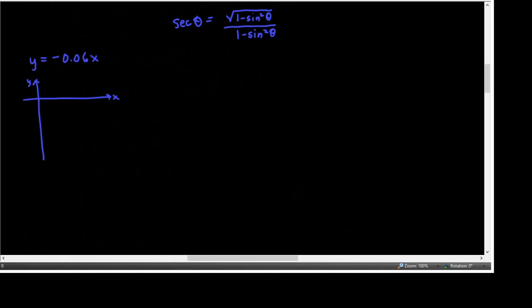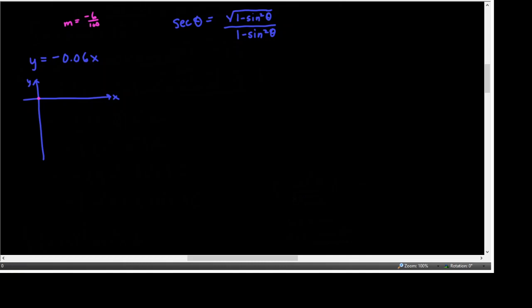So I see it's in y equals mx plus b form, which is helpful because that means that my y-intercept is 0. So it goes through the origin. And the slope is negative 6/100ths. That's what negative 0.06 is as a fraction.